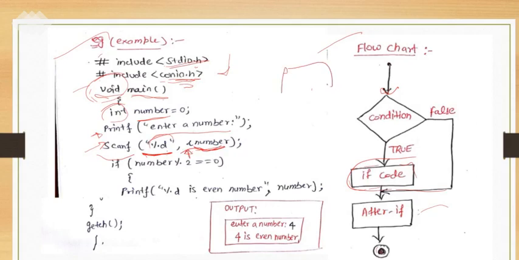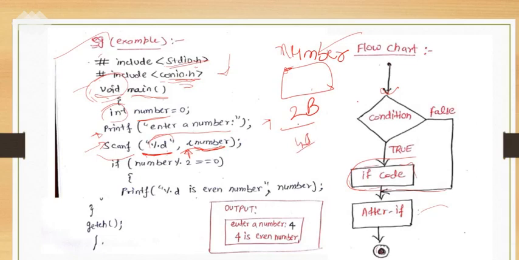In memory you have booked a slot with the name num, and it is of integer type. That means 2 bytes are available here. If your system is 32 bit, it may take 2 bytes; if your system is 64 bit, it may take 4 bytes. So it's up to the system size.